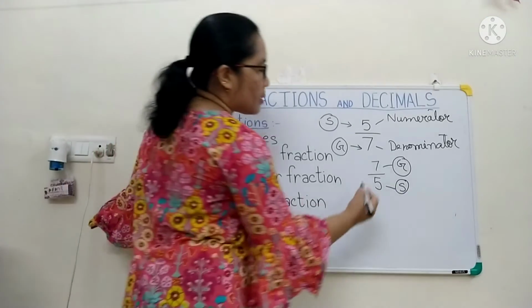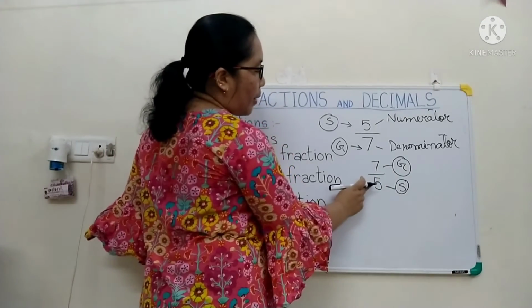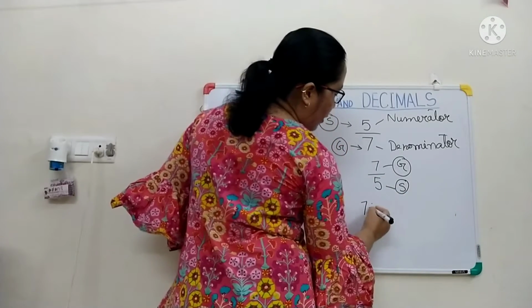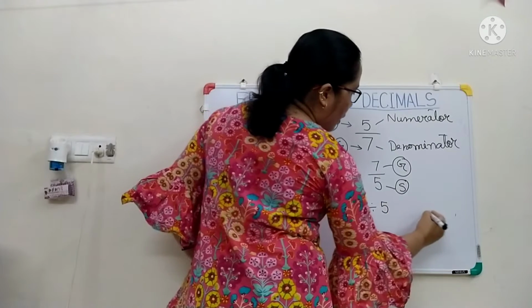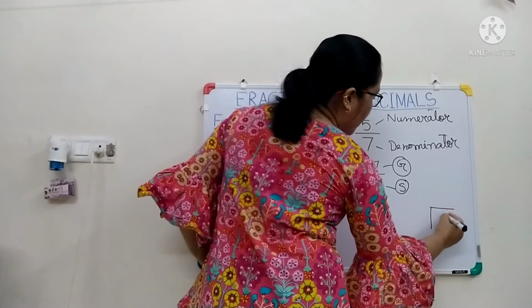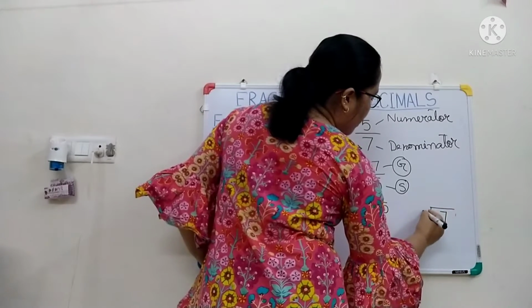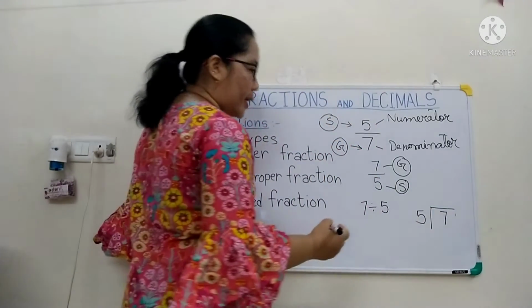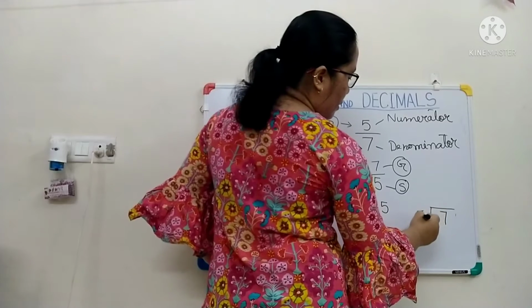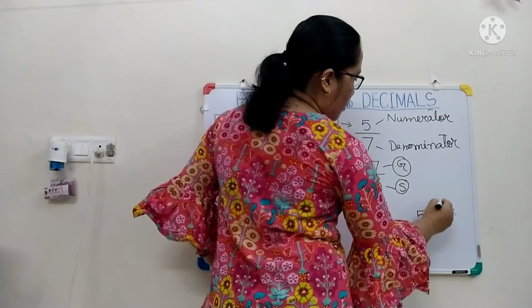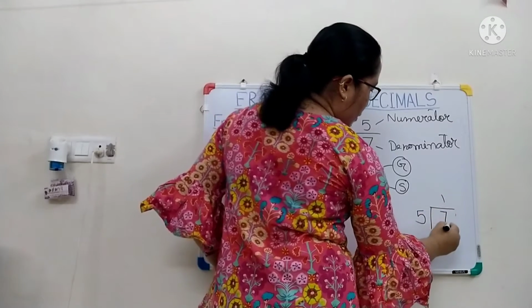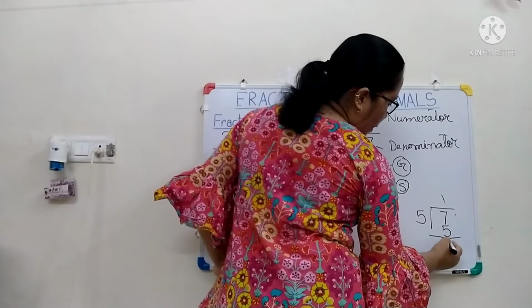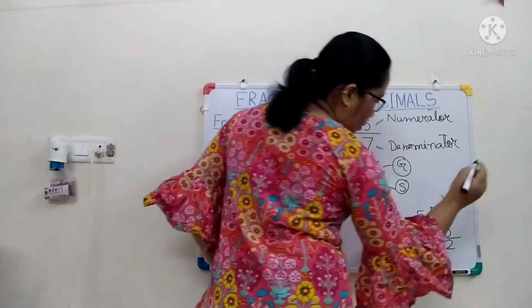Okay? So here 7 upon 5. That means 7 divided by 5. So we can do this like this. 7 is here, 5. Then 5 ones are 5, and the remainder will be 2.